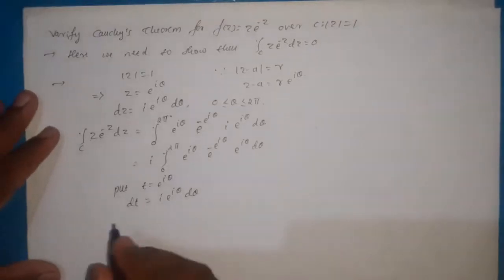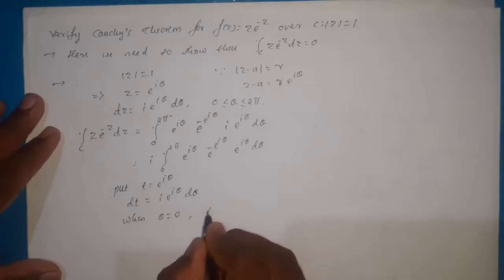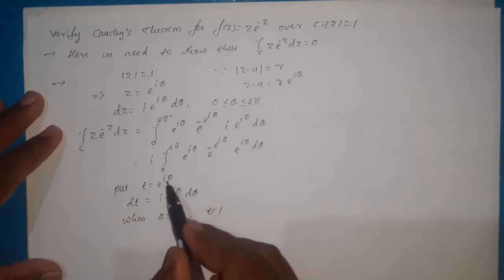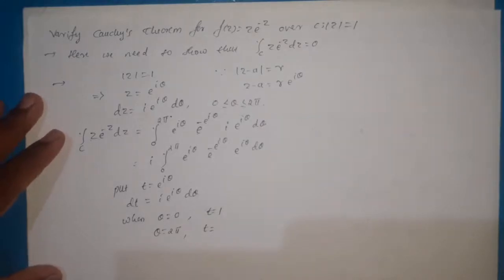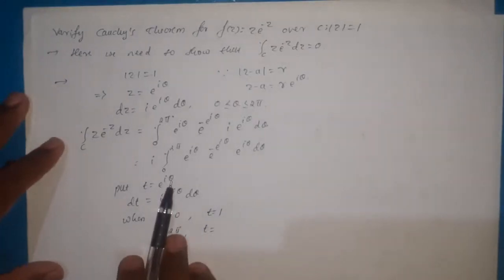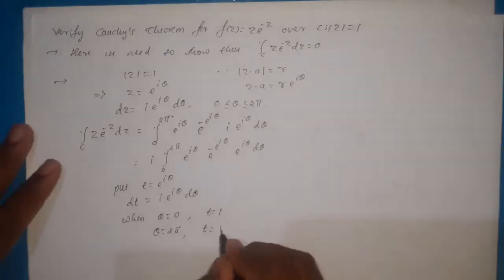So here when theta equal to 0, t is equal to 1, because e power 0 is 1, and when theta is equal to 2 pi, t is equal to e power i theta, that is cos theta plus i sin theta. Then theta equal to 2 pi means cos 2 pi plus i sin 2 pi. We know that cos 2 pi is 1 and sin 2 pi is 0. So therefore t becomes 1.